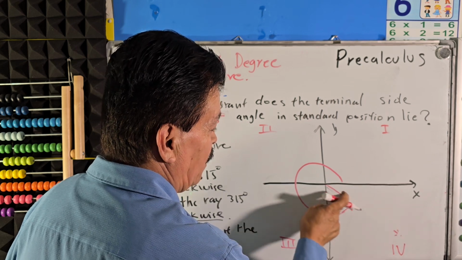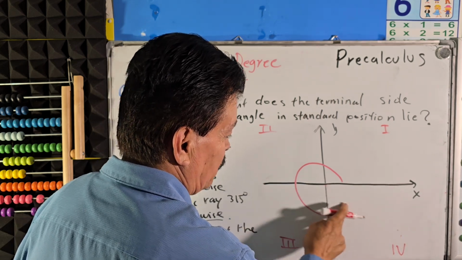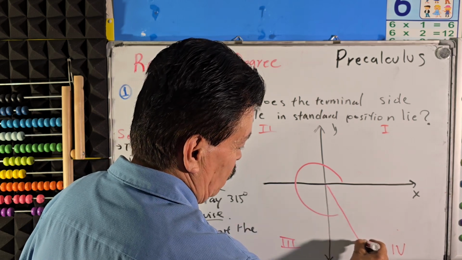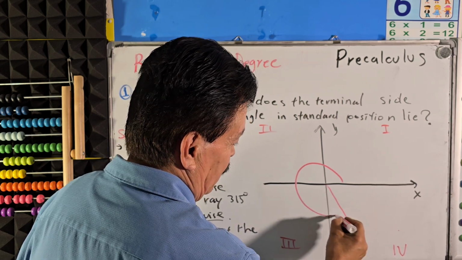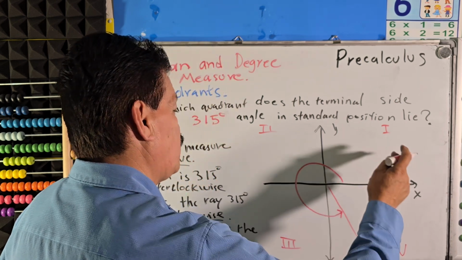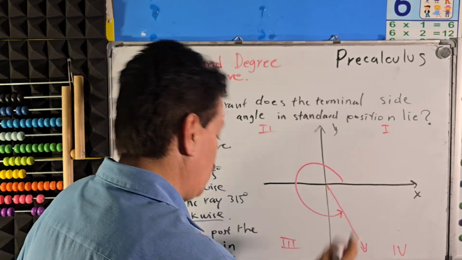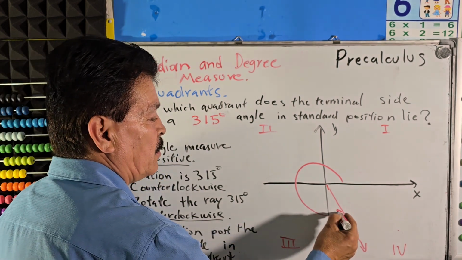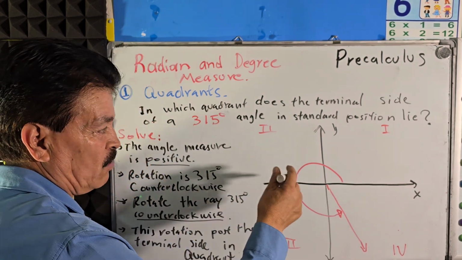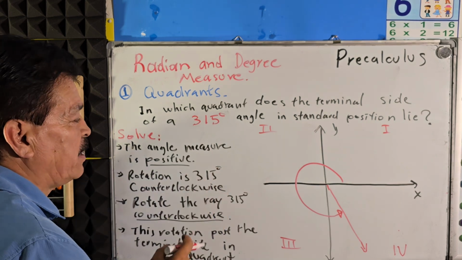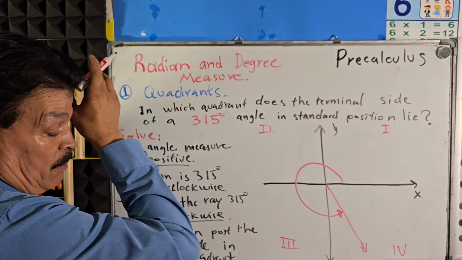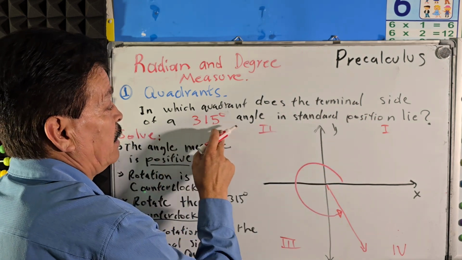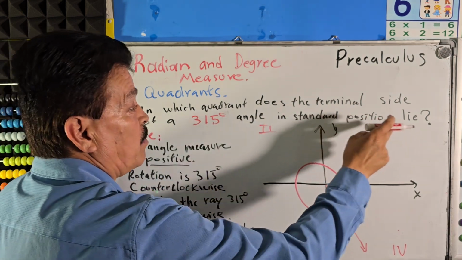So I think this is also right here, right? The total is 360. So you have a specific rule to find it. I am trying to explain it because the question is in which quadrant does the terminal side of a 315 angle in standard position lie.